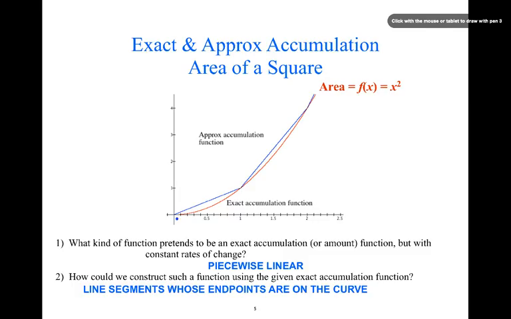For the first moment, we said, okay, what's the actual amount of accumulation at the start and at the end of the moment? And where do we get those? We get those from the exact function we're given. And then we can build the equation of that line between those 2 points. And that is trying to be like the exact accumulation function curve, but with a constant rate, right? Constant rate of change.